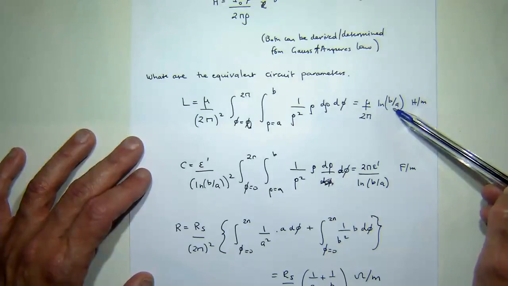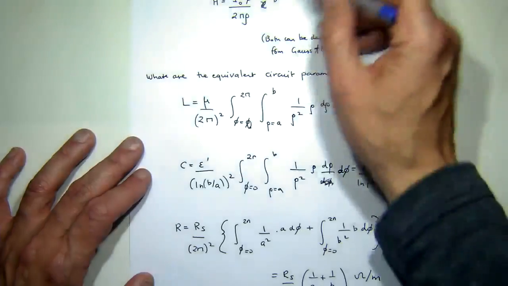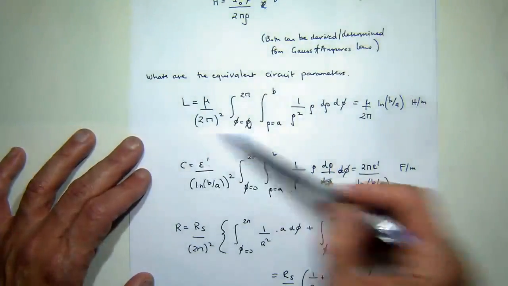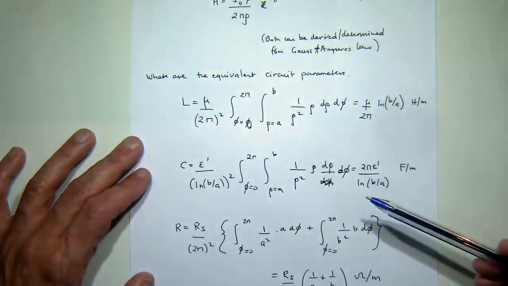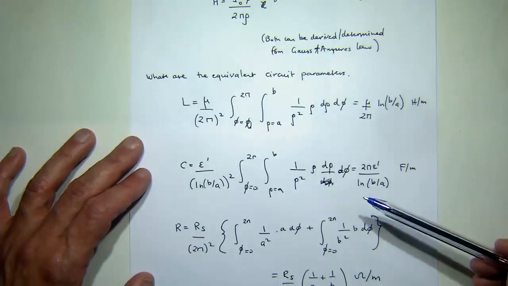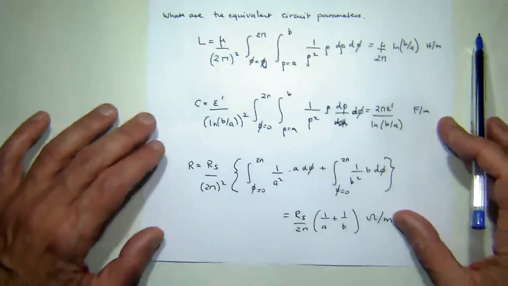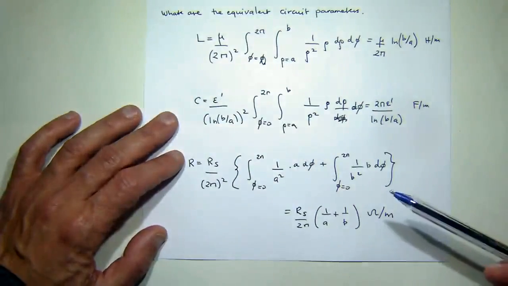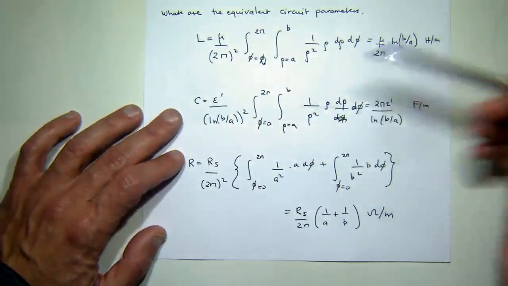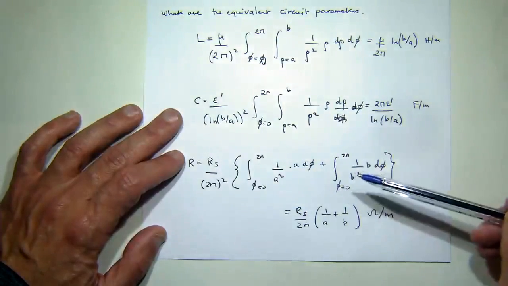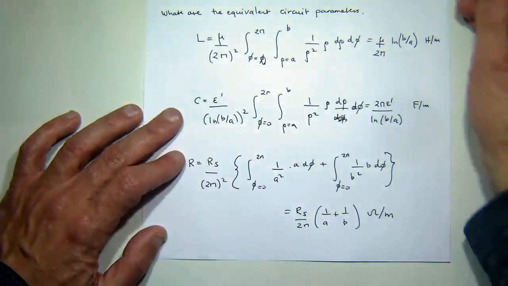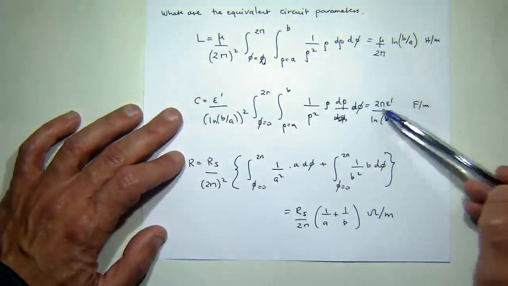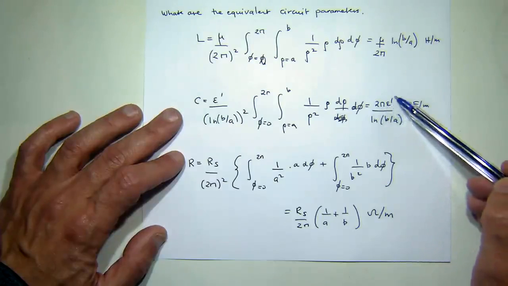And it's fundamental. You can't do anything more than that. So if I gave you any coaxial cable, you can work out what its inductance is going to be. Likewise, if you're working out its capacitance, you go through the same process, and you can show that the capacitance for this structure is equal to 2 pi epsilon dash.